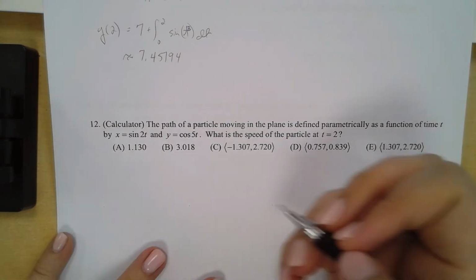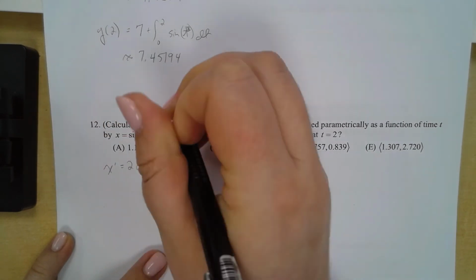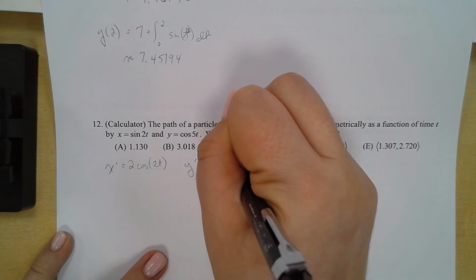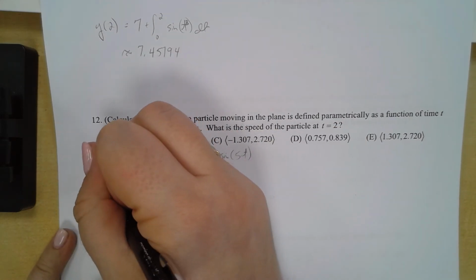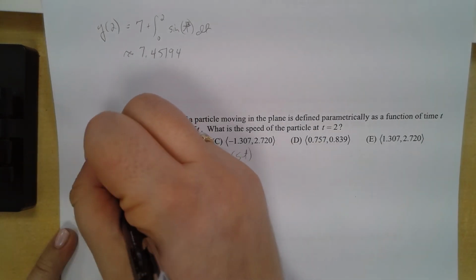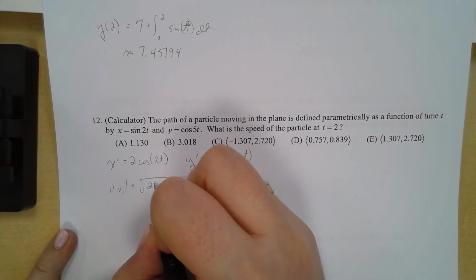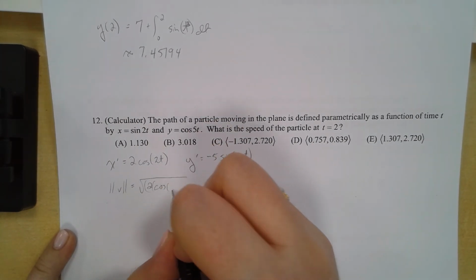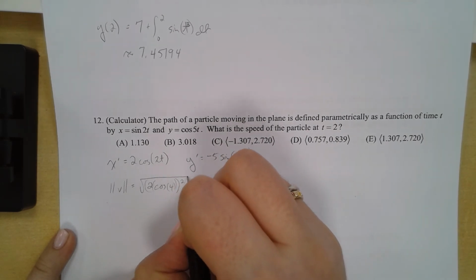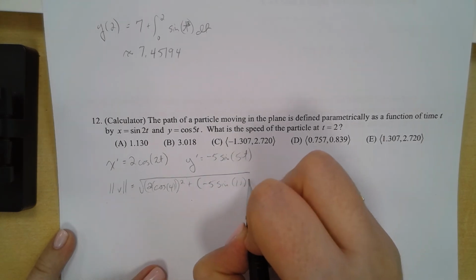Okay, well, first I need to find my derivative. So x prime is equal to 2 cosine of 2t, and y prime is equal to negative 5 sine of 5t. So the magnitude of our velocity, our speed here, is equal to the square root of (2 cosine of 4) squared plus (negative 5 sine of 10) squared, since this is at t equals 2.